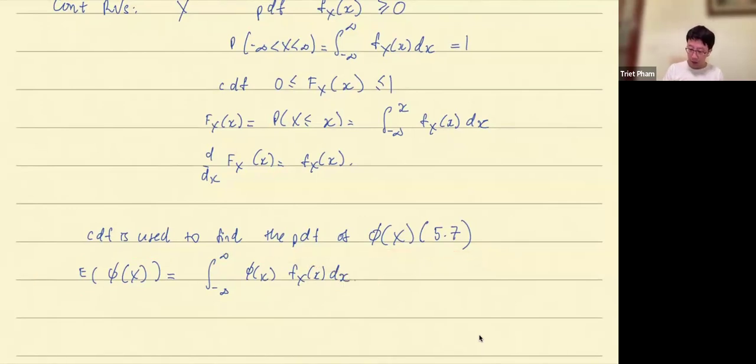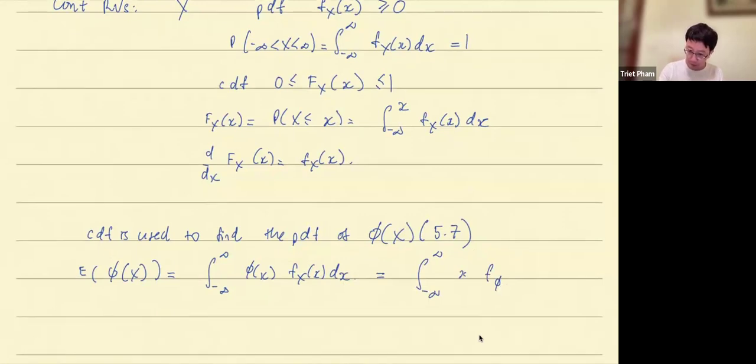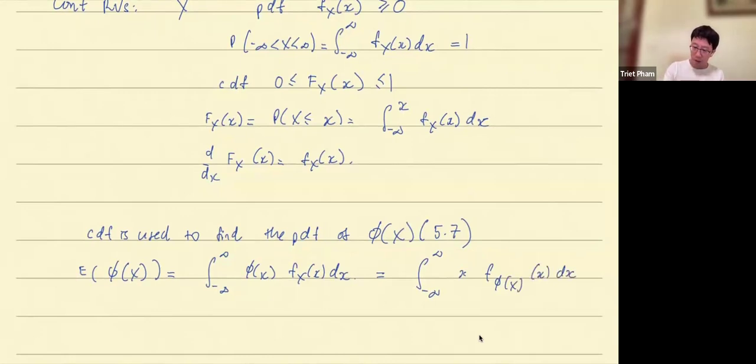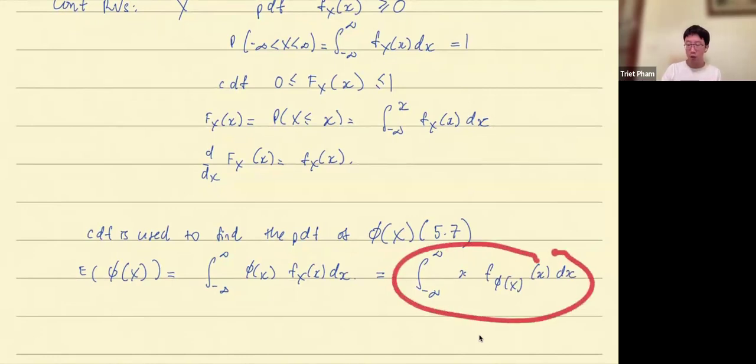Basically the claim is that this is equal to the integral of the function times the PDF of x, rather than needing the PDF of a function of the random variable. You understand that this is the definition of expectation, and this is a theorem or a result.